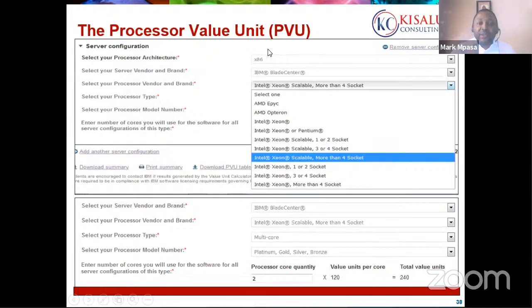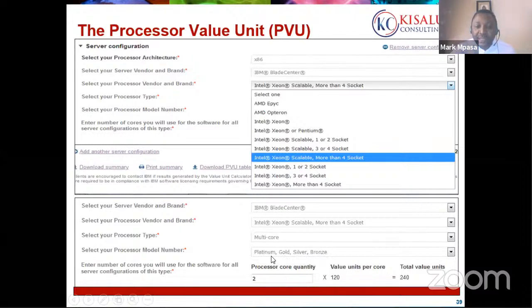Another example is on your x86 architecture. We chose here the IBM BladeCenter. There is a whole list of processor brands that are part of the IBM BladeCenter, and we chose the Xeon Scalable, which has 4 sockets. So you need to know how many sockets are on the machine that you want to use the software for. And there, in terms of the model, we have platinum, gold, silver, and bronze.